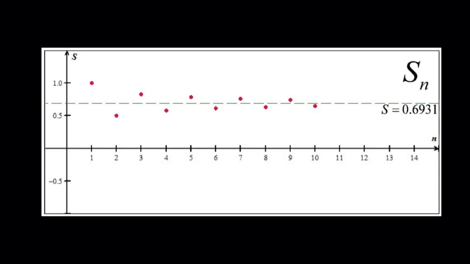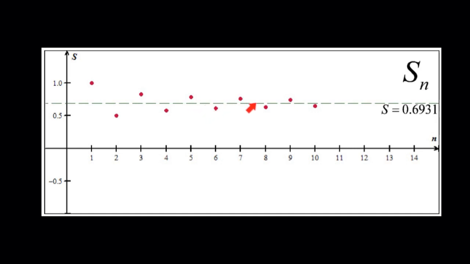This is a graphical representation of what you had on the table. This is your first value, which was positive 1. And then you add the next term, so positive 1 plus negative 1/2 gives you a positive 1/2, plus the next term gives you this value, plus the next term gives you this value.